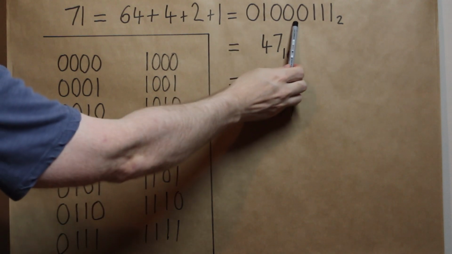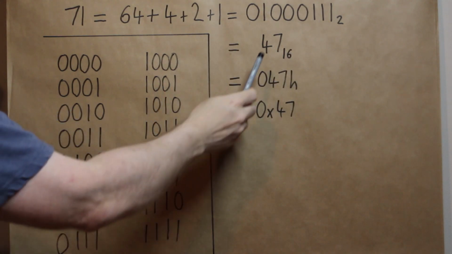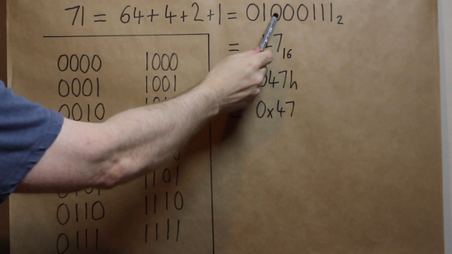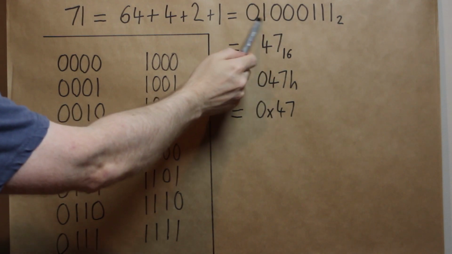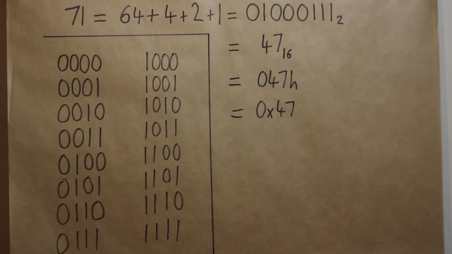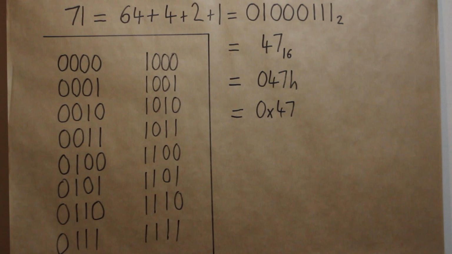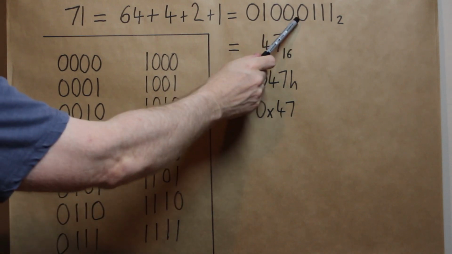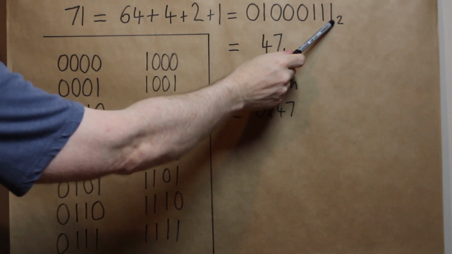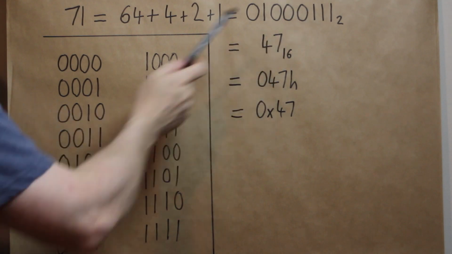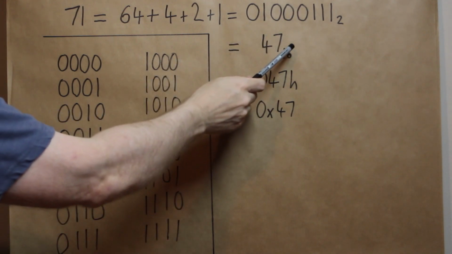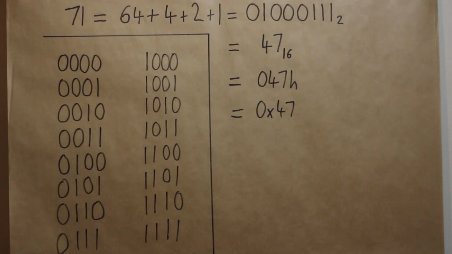So this would be the first set of 4 bits, and if we thought of this as the 1s, 2s and 4s column, then this set of 4 bits is the number 4, and I can write that in hexadecimal using the digit 4. And for this set of 4 bits, I have 1 plus 2 plus 4, which is 7, and so I just write the digit 7 in hexadecimal.